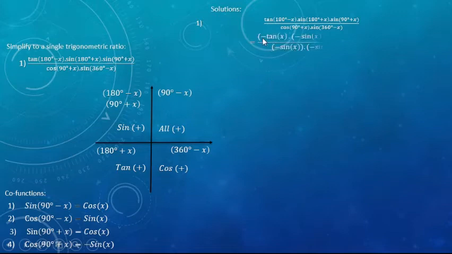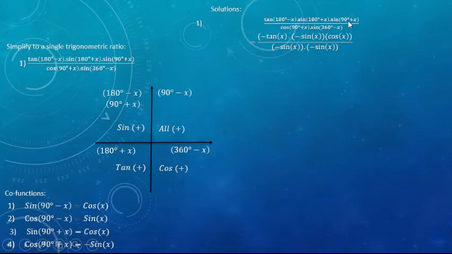So we are going to have negative tangent x. We just take this x here. And then for sine of 180 plus x, it is in the third quadrant, and in the third quadrant sine is negative, so this will be reduced to negative sine x.